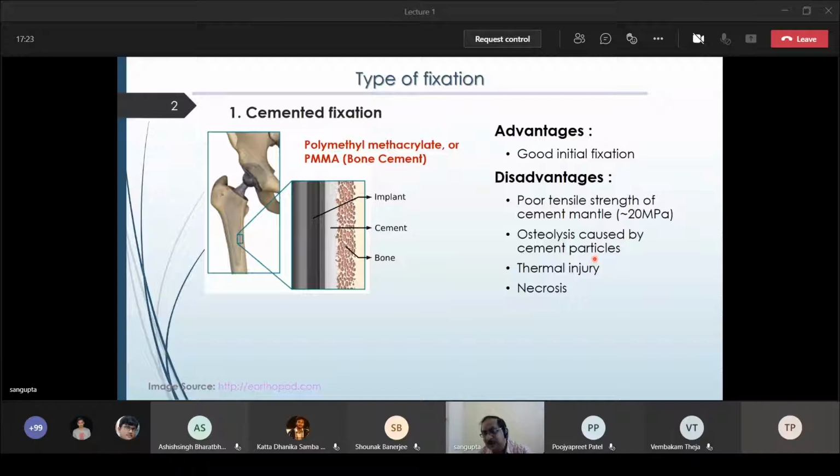Those cement particles can react with bone cells and cause osteolysis. Osteolysis is a phenomenon where the end outcome is bone loss.